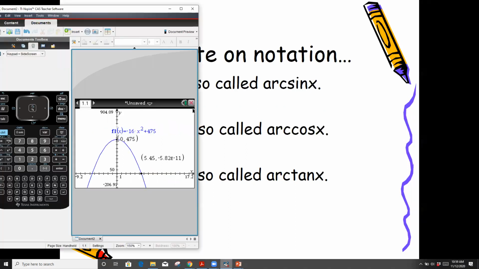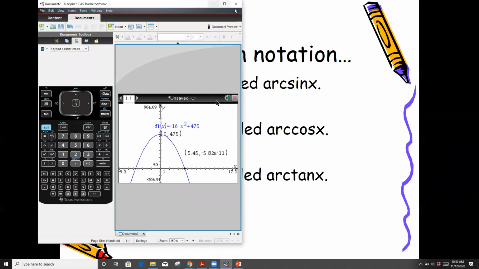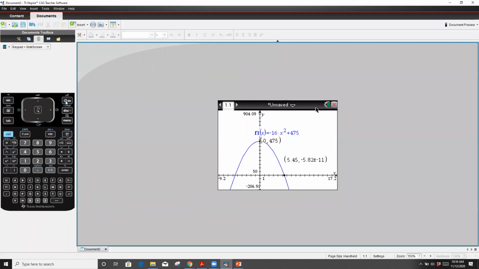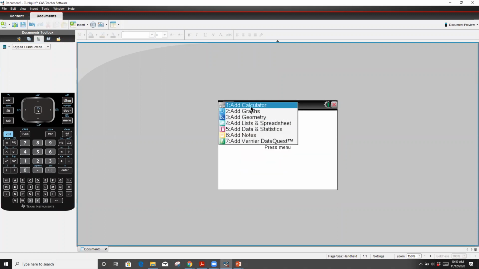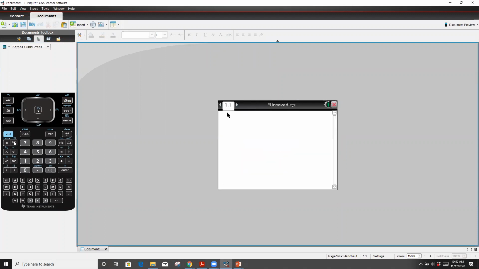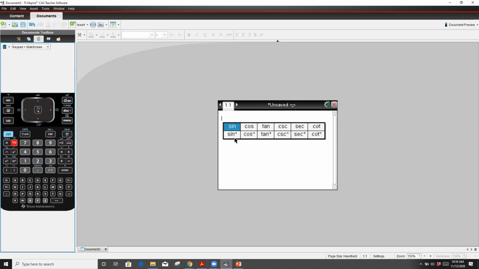And the TI Inspire is probably the more common calculator used in this class. If you open up a new calculator and go to trig, all the inverse functions are right below their original function. All right, so they're right there. And if they're locked for you, that means you're in test mode, and let me know and I'll take you out of test mode.